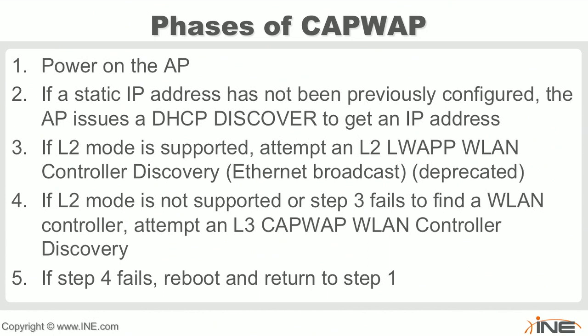If step 4 fails and they can't discover a WLC at all, we're going to return back to step 1. Basically, the AP will reboot and just continue to go in a cycle: try to get an IP address, try to discover a WLC, reboot, and rinse and repeat.